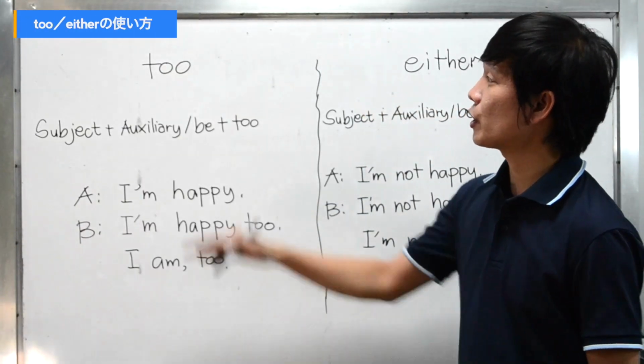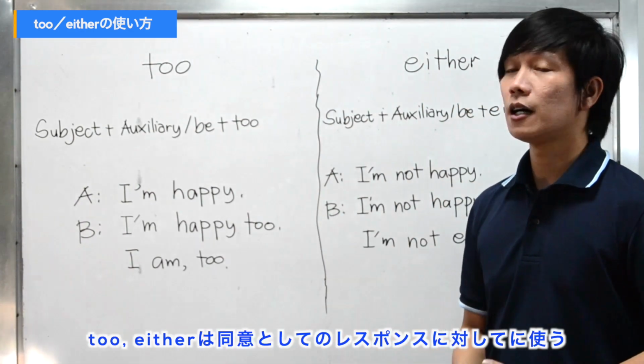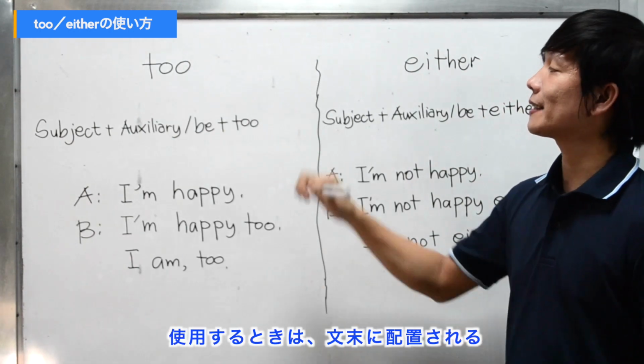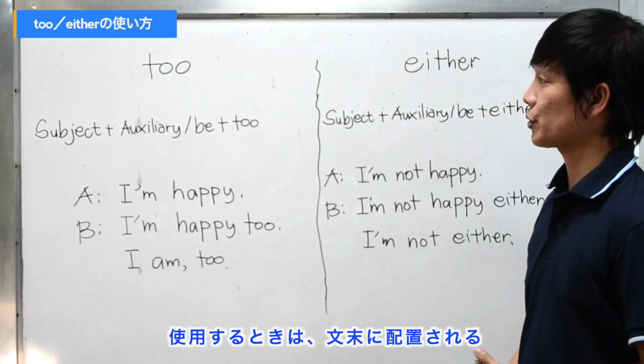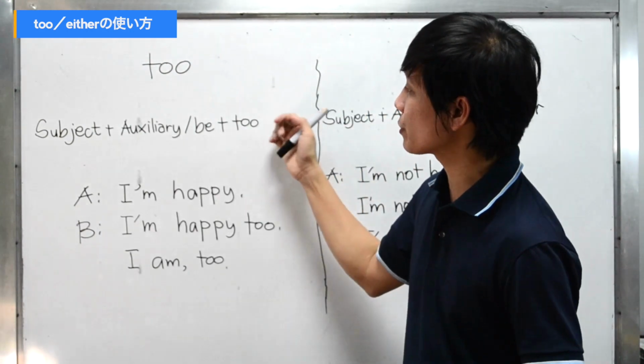So we use too and either in responses to show agreement, and they usually appear at the end of the statement. So here are the structures. So let's start first with too.